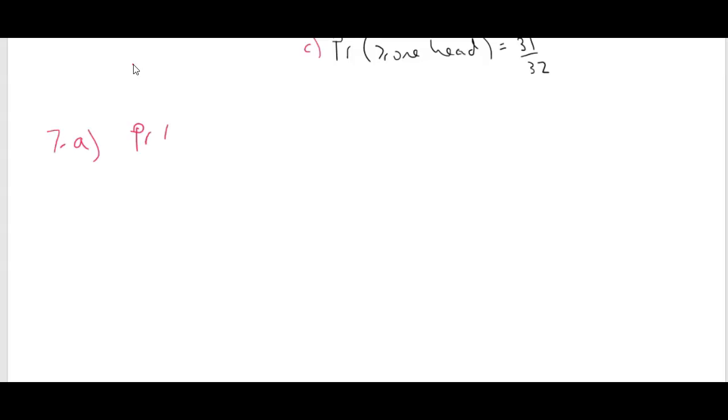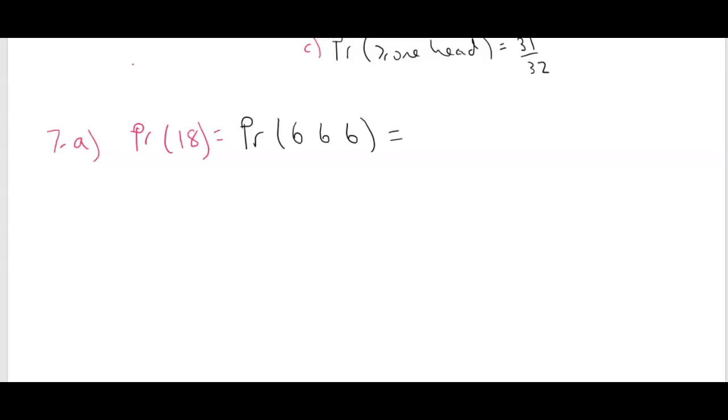So for A, we want the probability the sum is 18. Now, the only way that we can get the number 18 is to roll a 6, a 6, and a 6, okay? So we're adding them all together. There's no other way that we can get a sum of 18 other than getting 3 6s in a row.